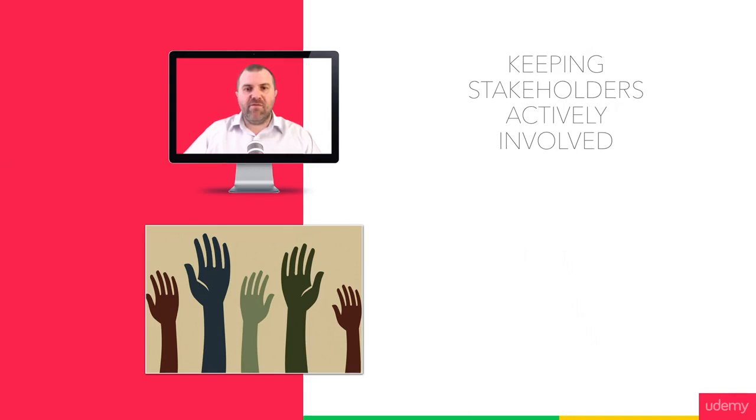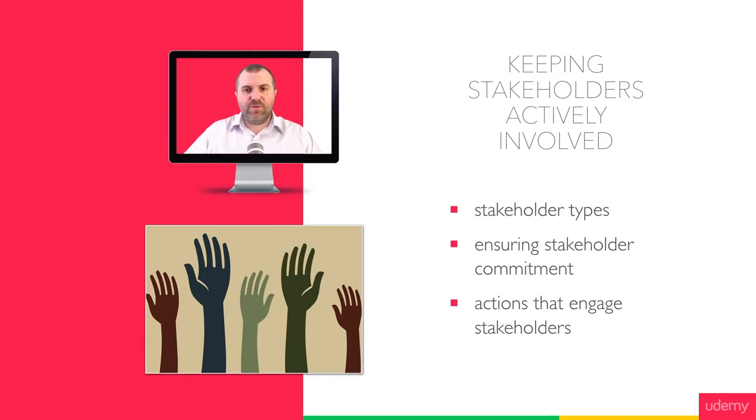After completing the first section on keeping stakeholders actively involved, you will be able to categorize members of a project community according to stakeholder types, recognize strategies for ensuring stakeholder engagement, and recognize the activities that engage stakeholders throughout the phases of an Agile project.